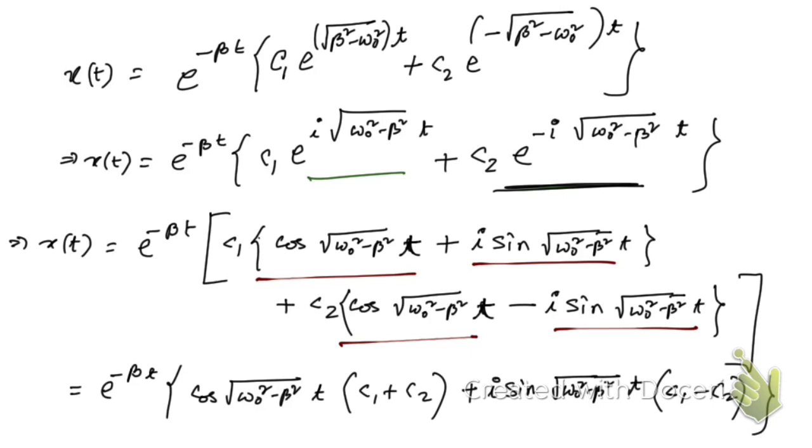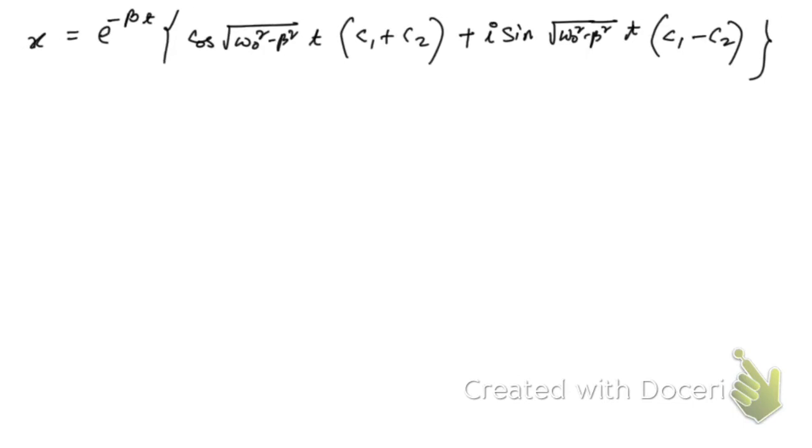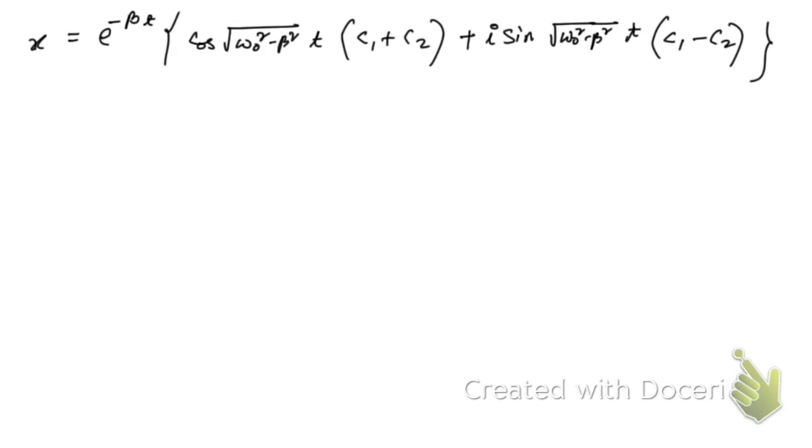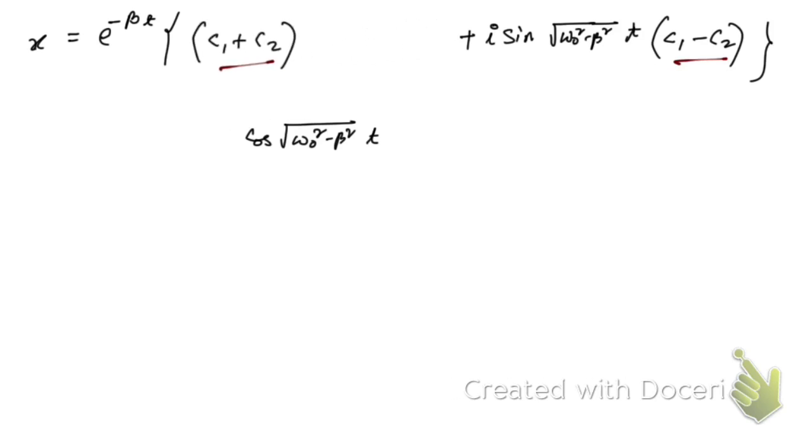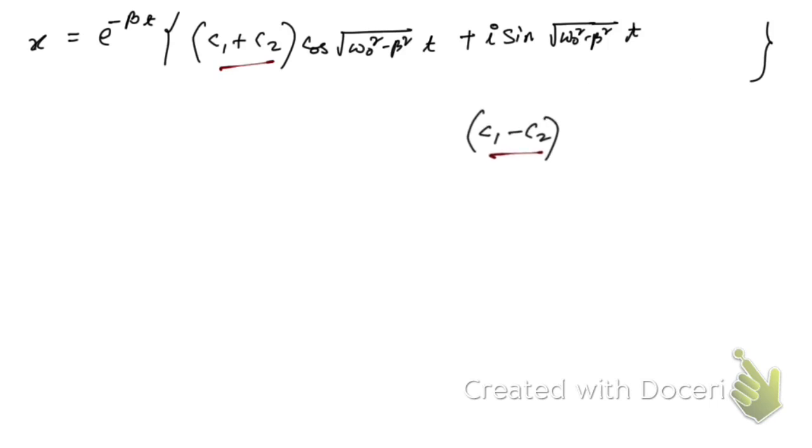Now let me copy this result and take a new slide. So here is the last step we have got. Now let us replace this by a and this by b. We can write c1 c2 first, then we can write this. Similarly, we can write this one first.